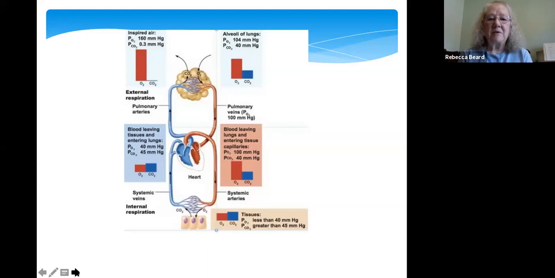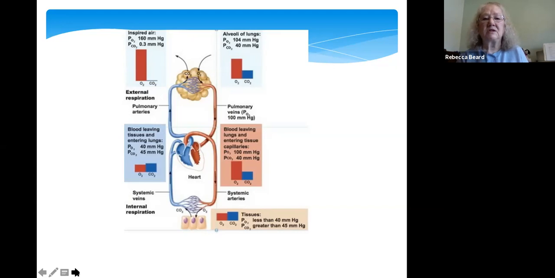Now, remember, we've got some residual air remaining in the lungs, and that's going to be more heavily concentrated with carbon dioxide, so that is going to reduce the partial pressure. So by the time that inspired air gets down into the alveoli, the pressure for oxygen would be at 104 millimeters of mercury, and of carbon dioxide 40 millimeters of mercury.